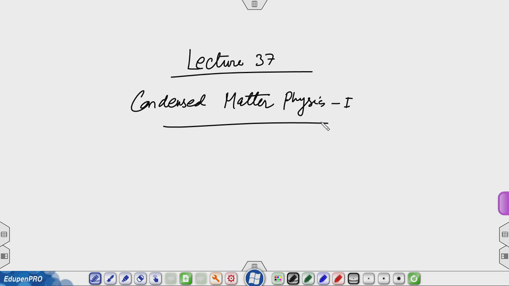In lecture 36, we discussed how the velocity of an electron in a band changes when a constant field is applied. We also derived general equations of motion for describing the motion of an electron in a band.